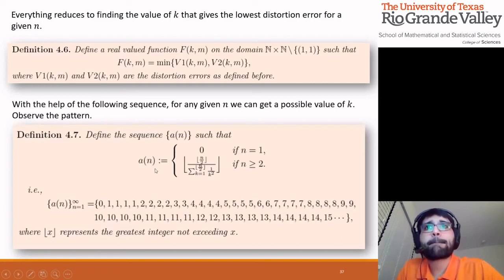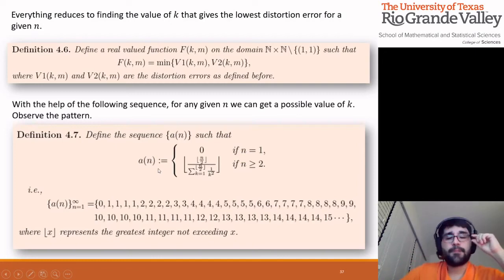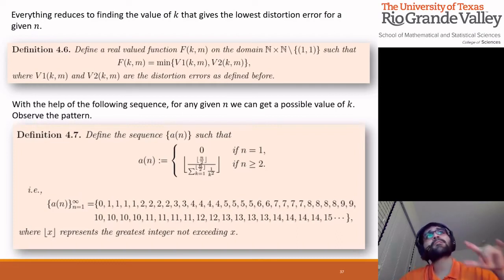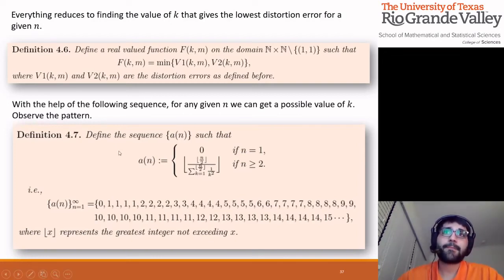So this will be used to give or propose an initial guess for k. This sequence will give an initial guess for k, and then we're going to run an algorithm that's going to check that k is the actual value that our optimal set will have.